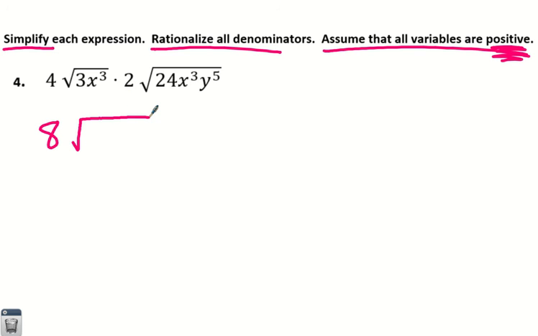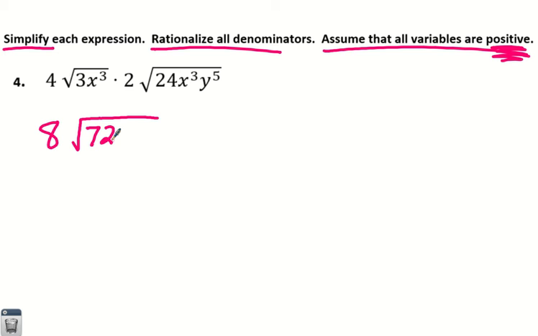Now, everything else, the square root of this stuff times the square root of this stuff, all that can be multiplied together. So 3 times 24, oh boy, I'm on the spot here and I don't have a calculator nearby. So 3 times 24, 60... 72. Let me just double check that in my head. 3 times 20 is 60, 3 times 4, all right, that should be 72.